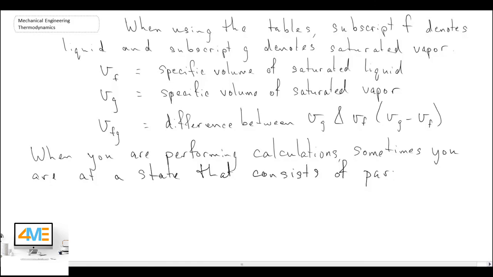So when we're in the two-phase region, we have partial liquid, but we also have partial vapor. And when we're there, we use a quantity called the quality.